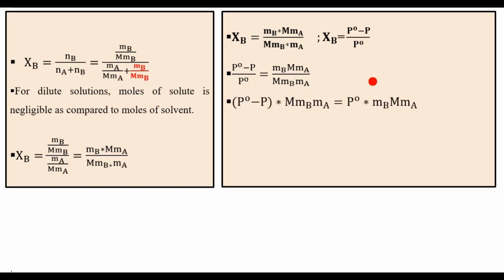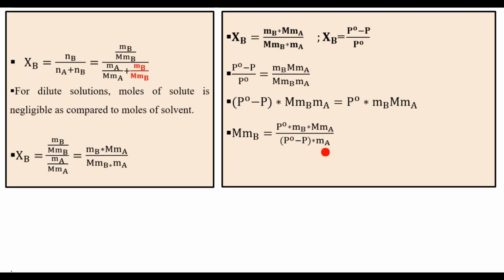After the arrangement, we will see that the molar mass of the solid will be equal to the vapor pressure of the pure solvent times the mass of the solid times the molar mass of the pure solvent, dividing with the difference in the vapor pressure. That means the vapor pressure of the pure solvent minus the vapor pressure of the solution, times the mass of the pure solvent. This is the formula that they were asking to derive.